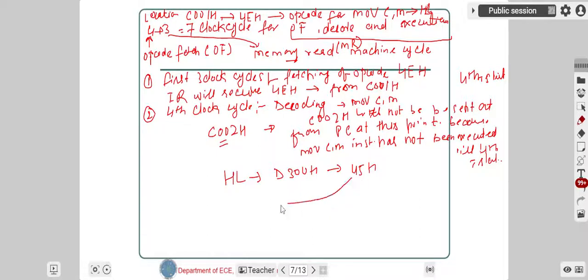So that 45H data would be copied to the C register. For this operation we would require another machine cycle, which is called the memory read machine cycle. So let us say the HL pair has value D300H, and the contents of the memory location D300H is 45H. Then this 45H should be received in the C register.